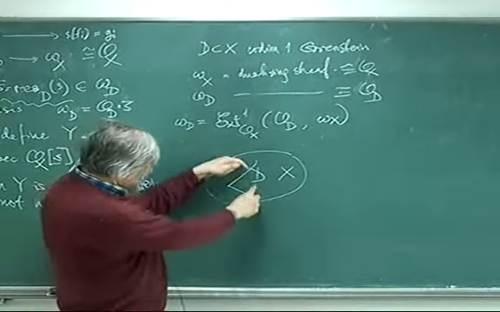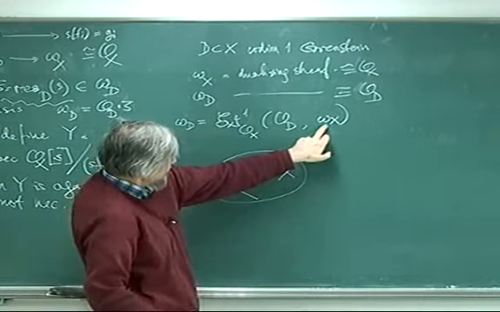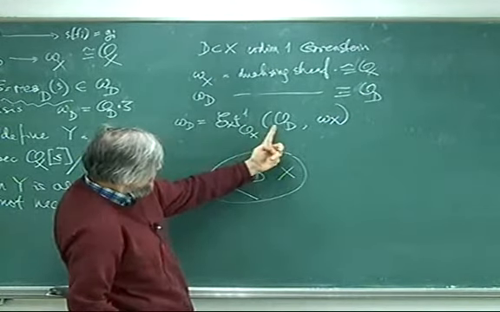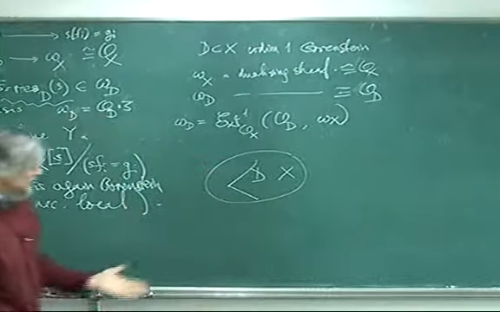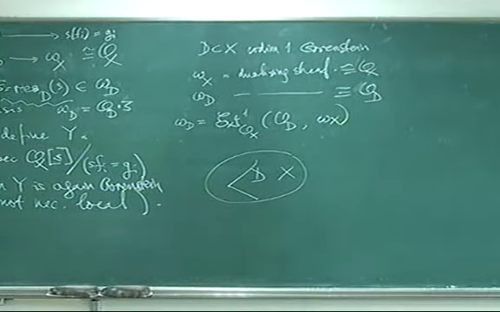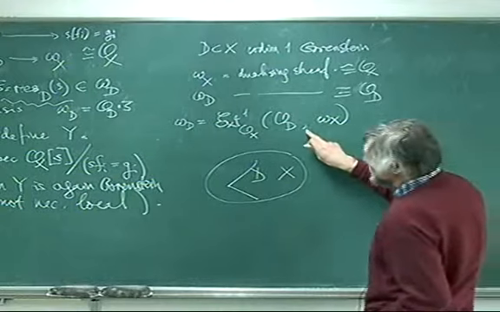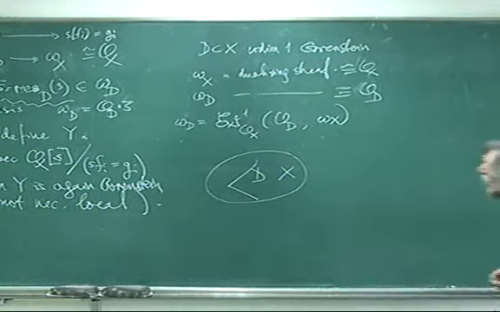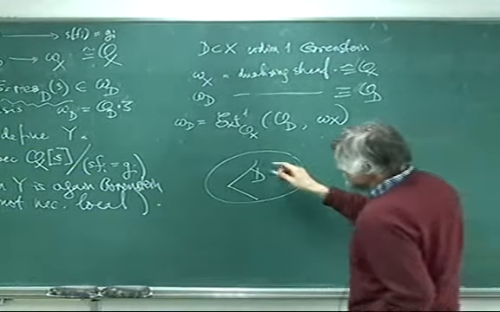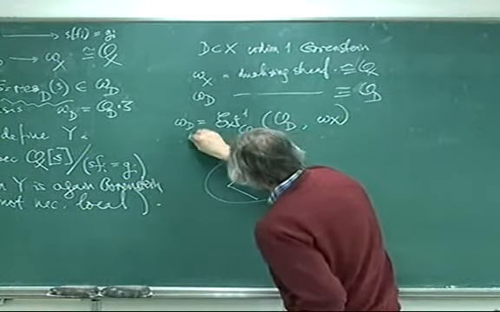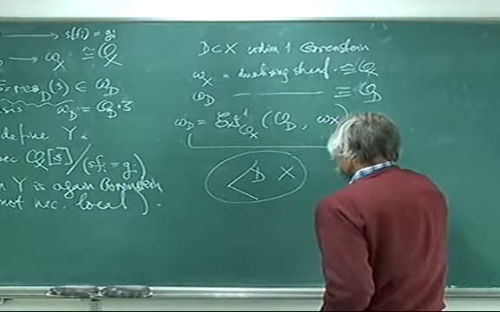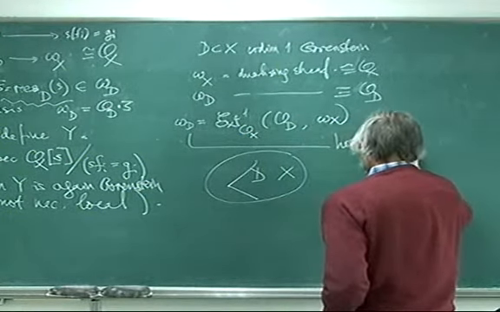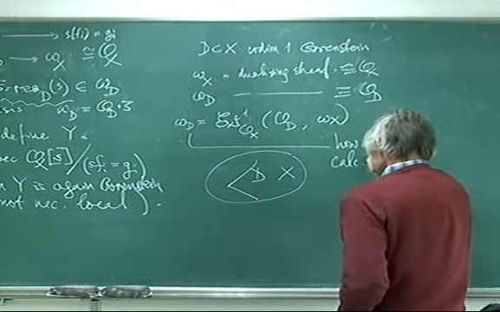And when I'm taking Ext of a sheaf on D into omega X, I have to go via OD. So there's a kind of Yoneda pairing and so on. All of this is very elementary material if you know Grothendieck duality. So I'm asking, how do you calculate this Ext^1?